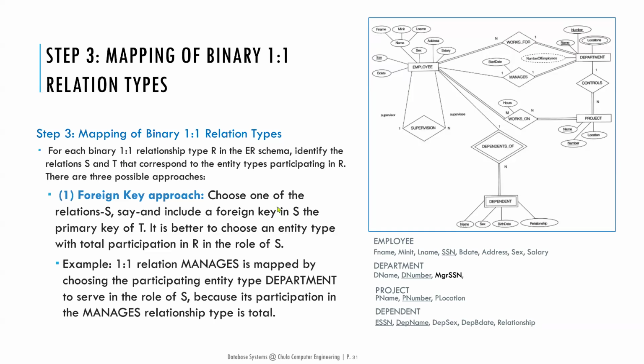Number 1, choose one of the relations and call it S, and include as a foreign key in S the primary key of T. What I mean is that we have to take a look at the 2 relations that surround that relationship and then take the key from one of the entities and put it in another. All right?